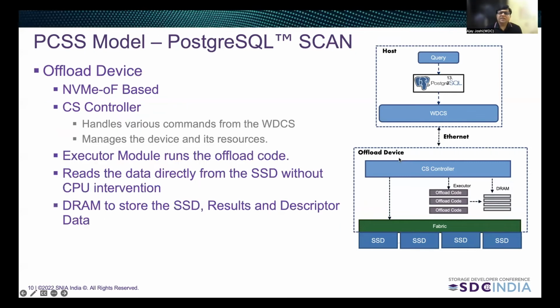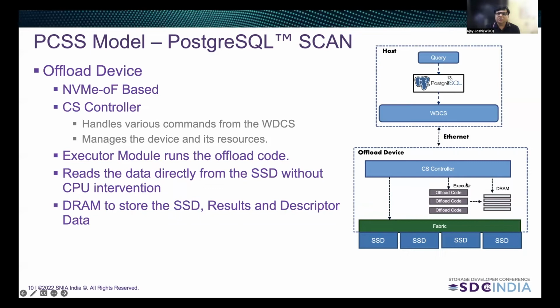The offload target itself is basically an NVMe based device, connected over Ethernet. It has a computational storage controller. It handles the various commands coming from the WDCS plugin, which is connected to PostgreSQL. It manages the resources inside the target, and it also manages various device states.